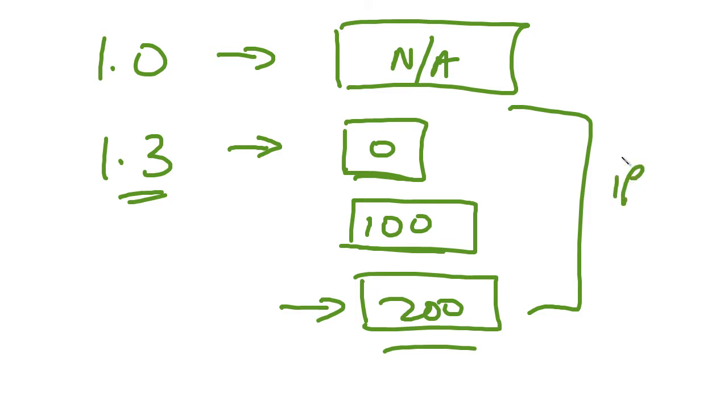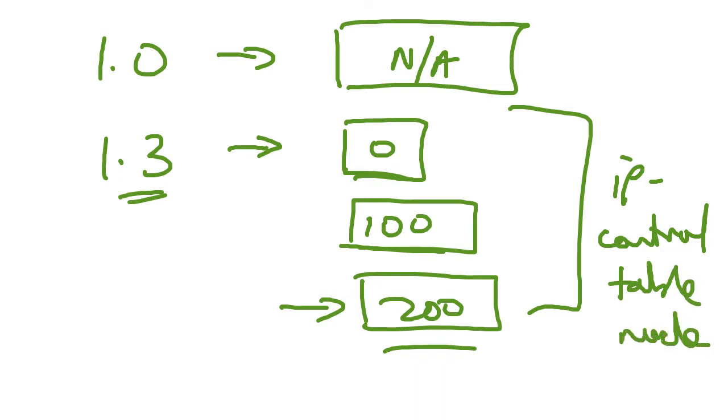Now, you can add additional tables. By using the command IP control table mode, you can increase the number of hardware tables available on the HP ProVision switches. This is hardware dependent, and at the moment it's not recommended that you use IP control table mode with a controller. It's recommended that you stick with the defaults.